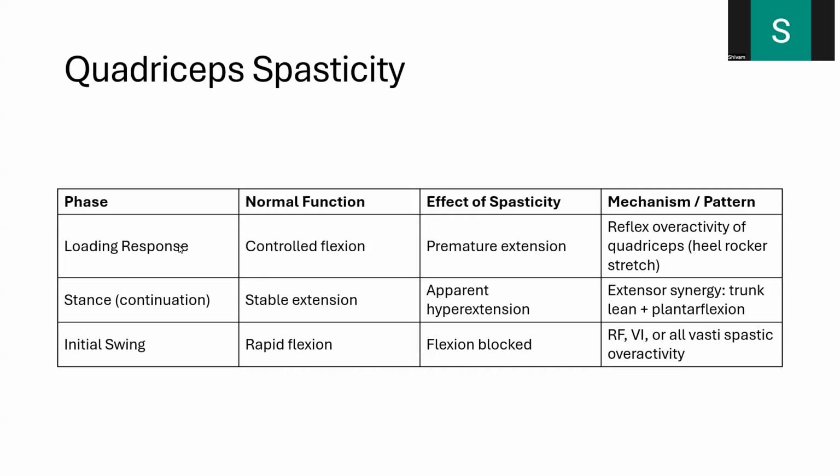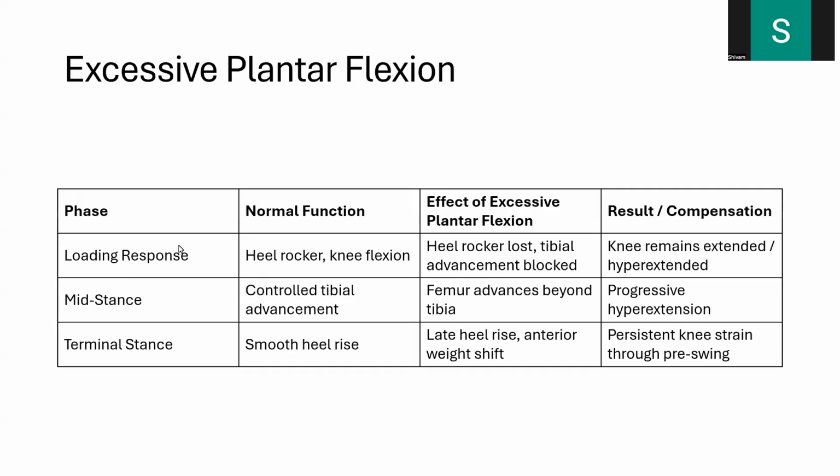Another pathology is excessive plantar flexion. In loading response, inhibition of knee flexion is seen. The mechanism is that when the ankle is excessively plantar flexed at initial contact, the tibia cannot progress forward normally. This prevents the normal 15 to 20 degrees of flexion which is required in loading response.